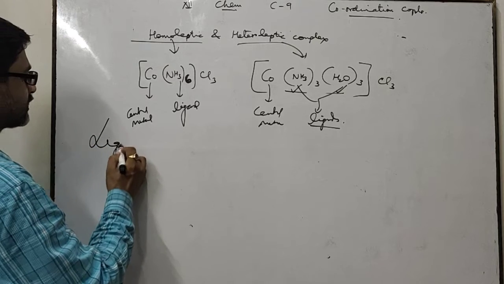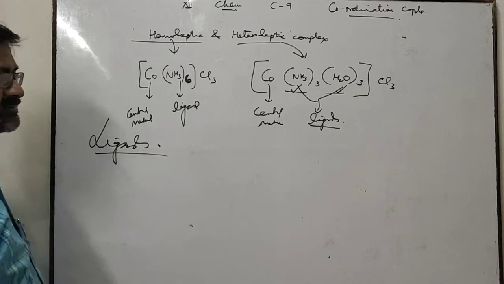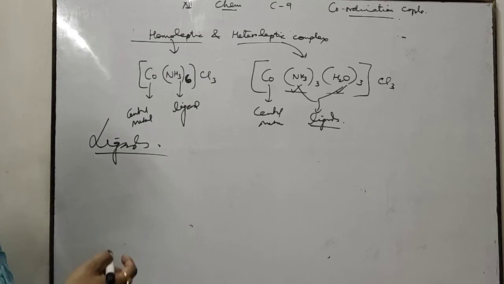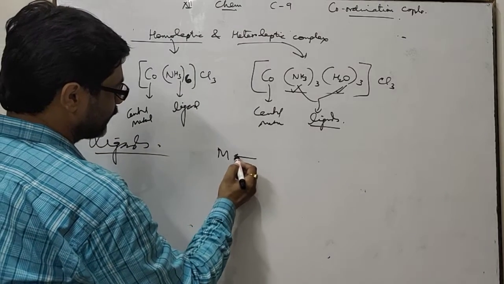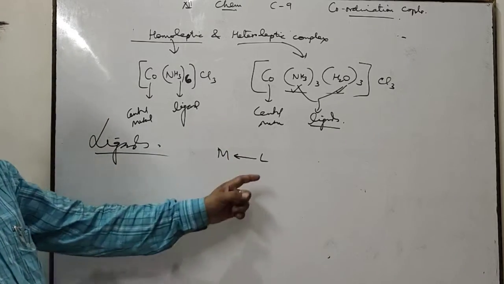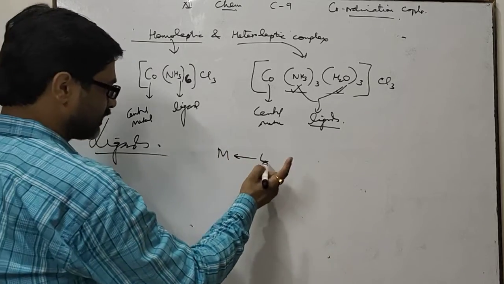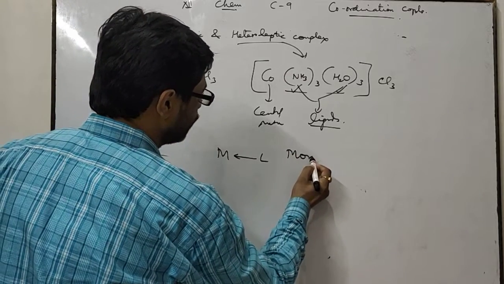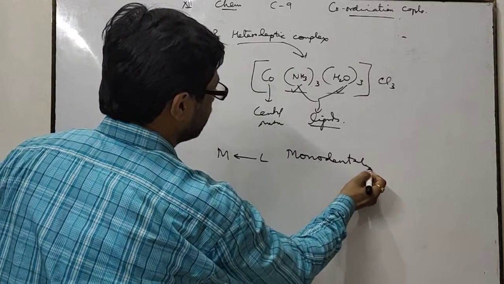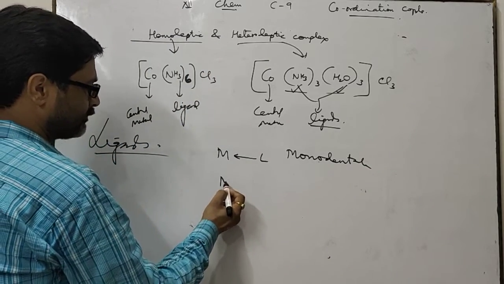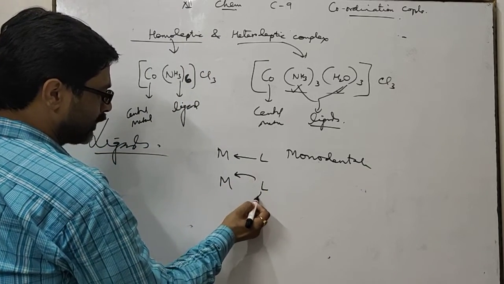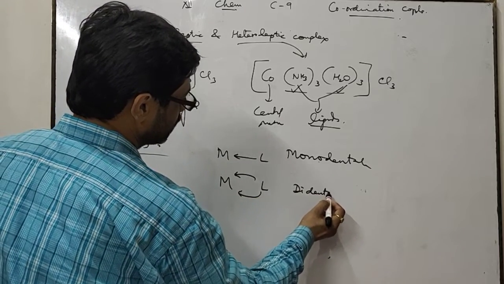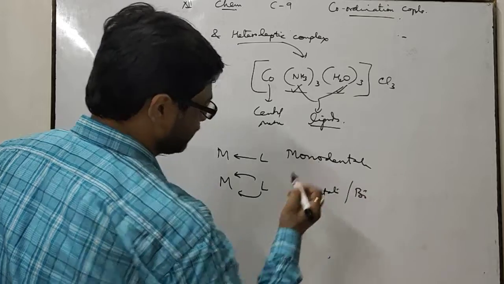Now I am going to discuss the ligands. What are ligands? Ligands are those atoms or groups of atoms or molecules which form a coordinate bond with the central metal. This is called a ligand. If the ligand forms only one coordinate bond, then it is called a monodentate ligand. If the ligand can form 2 coordinate bonds, it is called didentate, or you can say bidentate ligand.